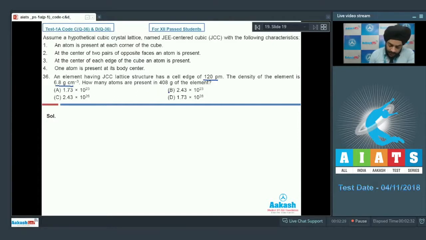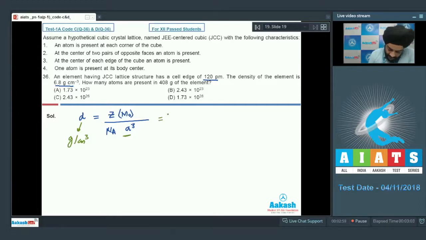So students, we know that the density of any cell is given by the Z value, which is the number of atoms present in the unit cell, into the molar mass upon Na upon A cube, where A is the edge length. Now this density is given to us in terms of gram per centimeter cube.